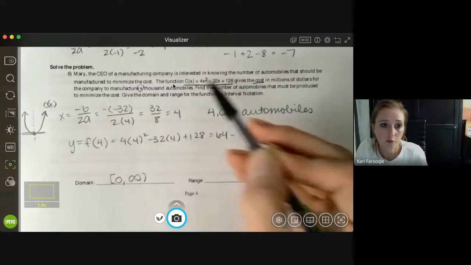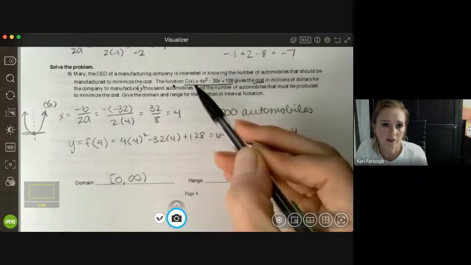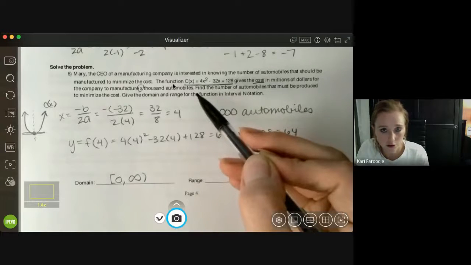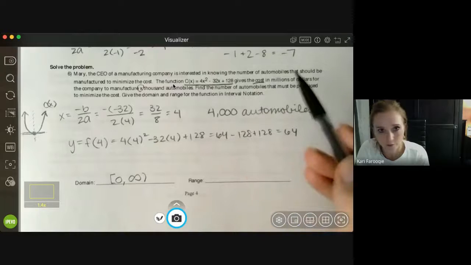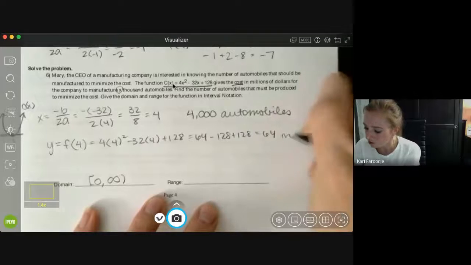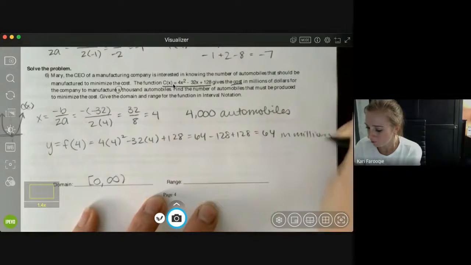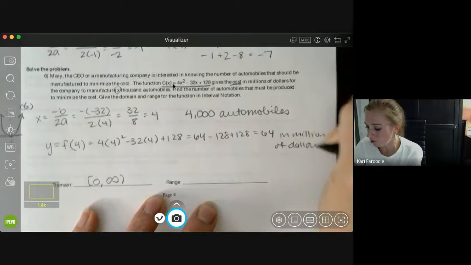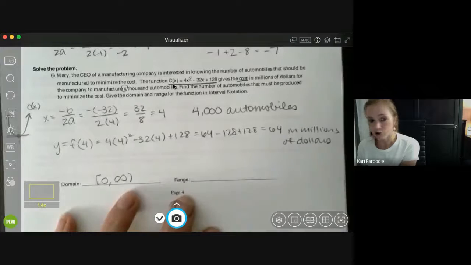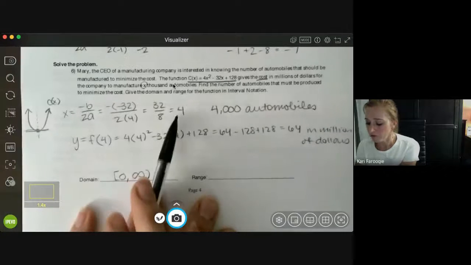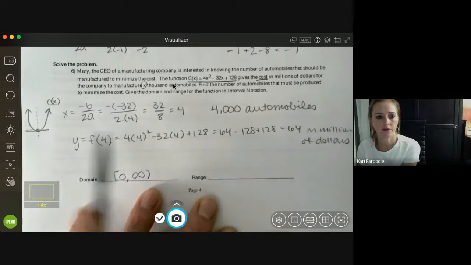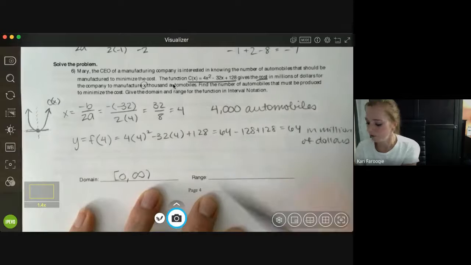So when you find this Y value, that's what corresponds to C of X. You know how Y is usually F of X. Same idea here, it's just C of X. It's still a function that's being evaluated at some independent variable X. So this is in millions of dollars, but we just care that it's in millions. So at the vertex, when we have this minimum value at X equals 4, we have a minimum value of Y at 64, but 64 million.